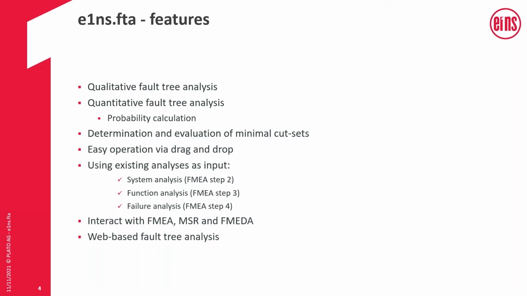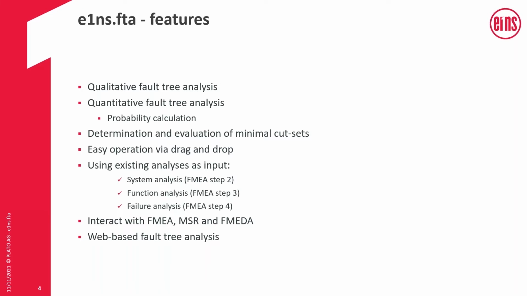And one important thing, which was also said in the seminar this morning, is that we need some inputs for the fault tree. For example, we can use the system analysis, step 2 of the FMEA, or the function analysis, step 3. And if available, of course, we also can use from step 4 the failure analysis.